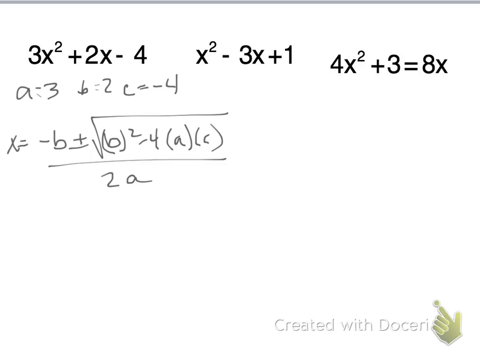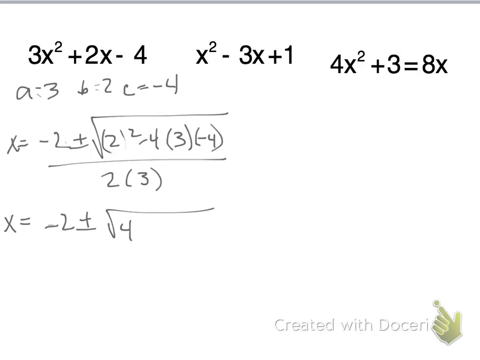So let's replace my b's with 2's, my a's with 3's, and my c is negative 4. Okay, so I got x equals negative 2 plus or minus 2 squared is 4. 4 times negative 3 gets me negative 12.